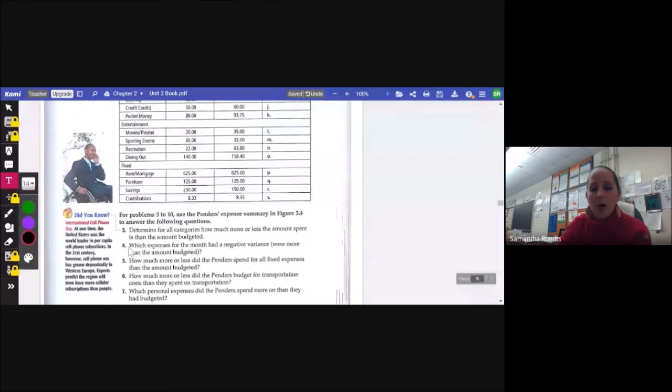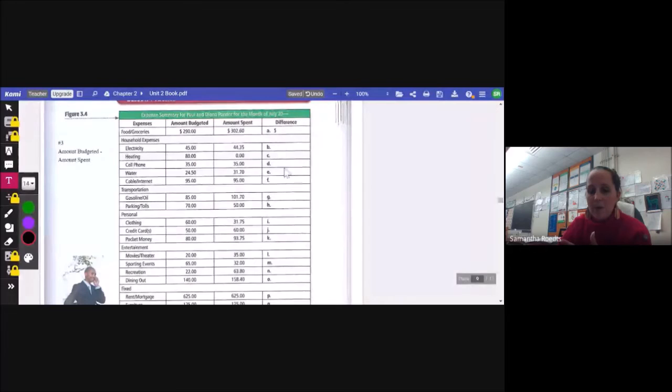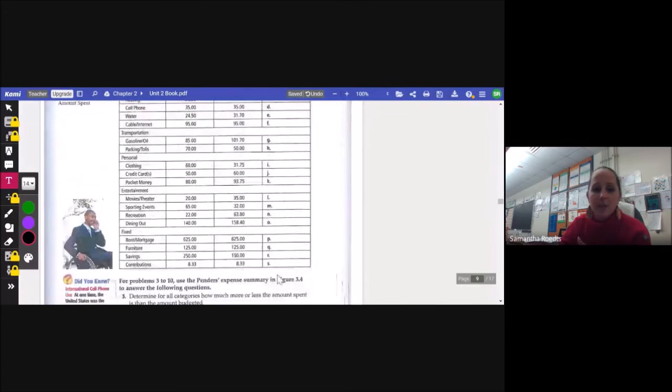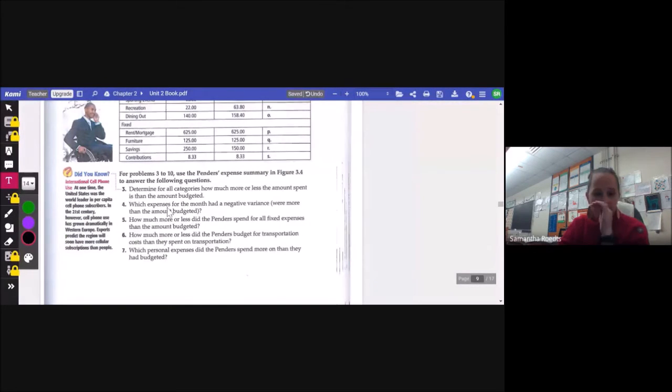For number 4, which expenses for the month had a negative variance? Any number that you come up with that's negative is your answer for number 4. For number 5, how much more or less did the Penders spend for all fixed expenses?